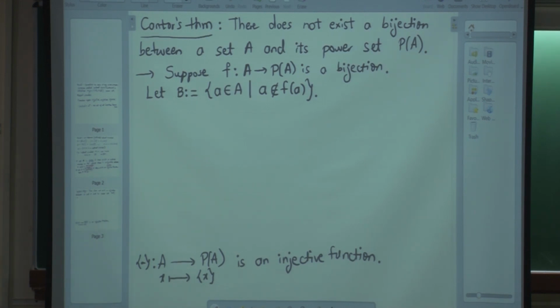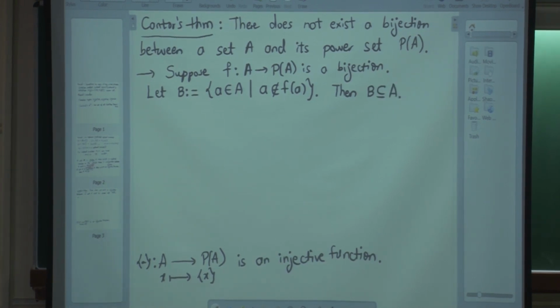Then we are collecting some elements of A. So then B is a subset of A. Do you agree? B is a subset of A, and hence B belongs to the power set of A.